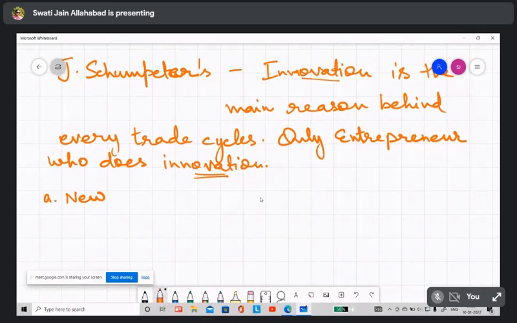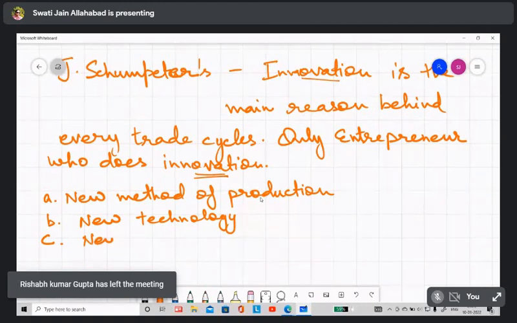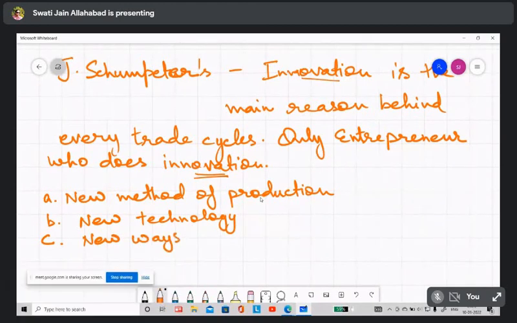So innovation can be a new method of production, or it can be new technology, it can be new ways of marketing or selling the product.